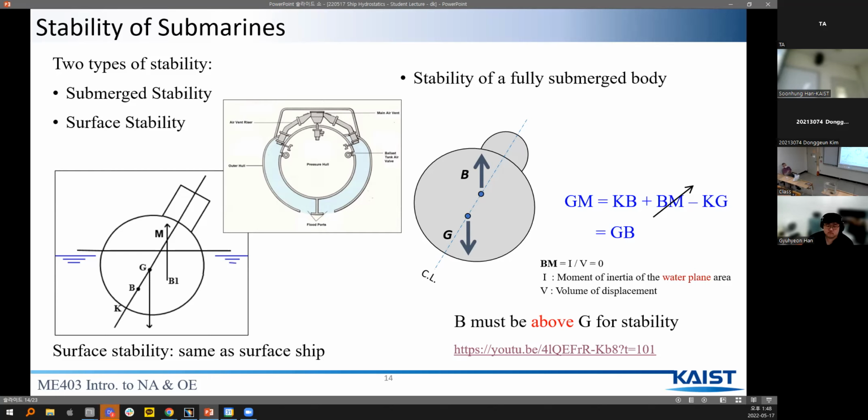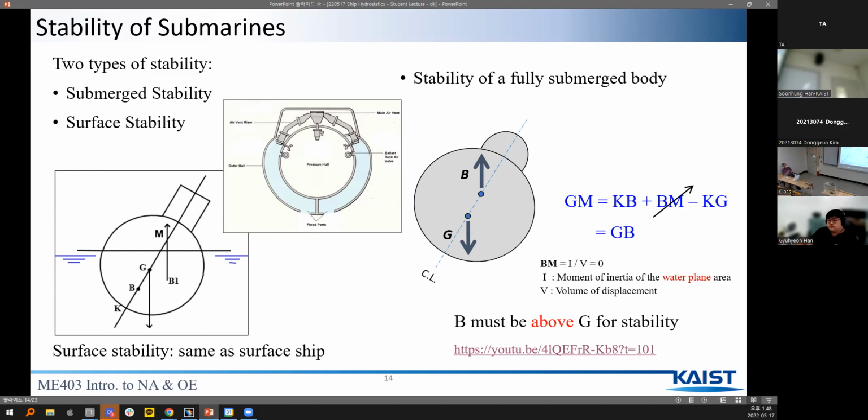On the other hand, the stability of a fully submerged body is obtained as follows. Consider GM equals KB plus BM minus KG, the formula for calculating metacentric height learned earlier. At this time, since there is no waterplane area in the submerged body, BM is equal to 0, so it is erased.